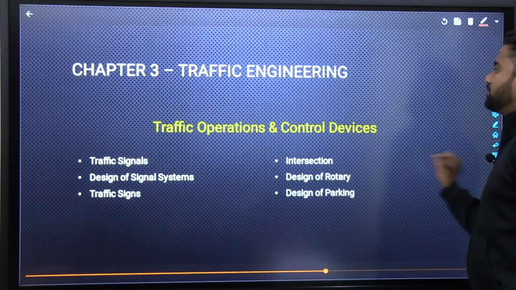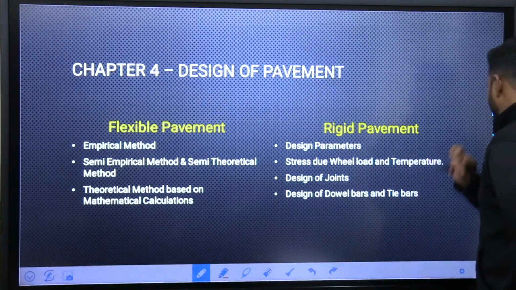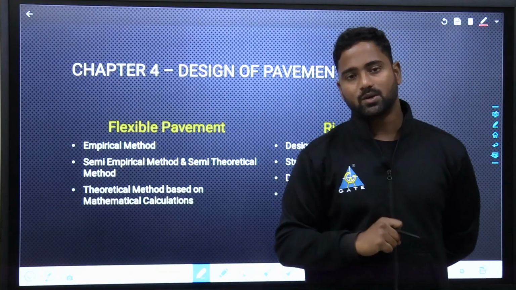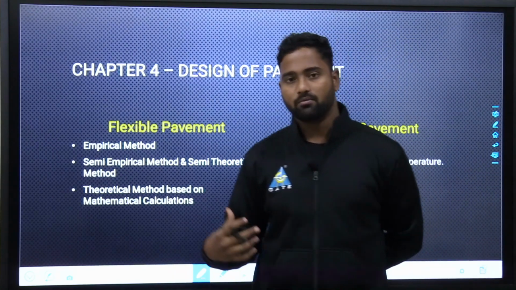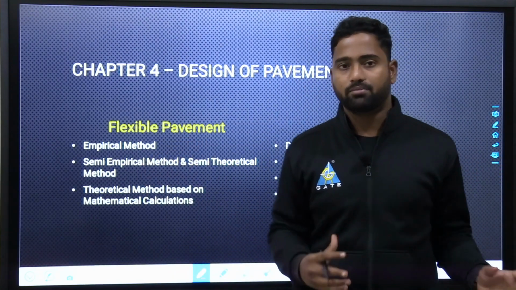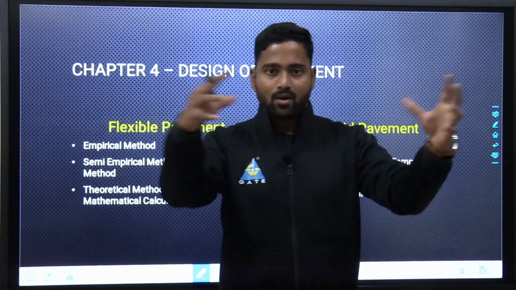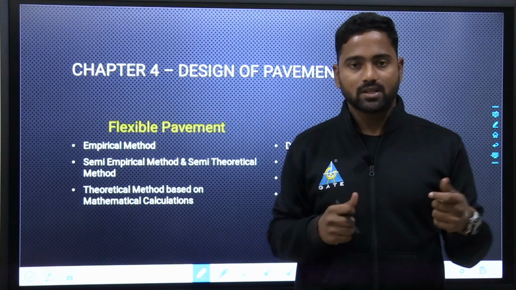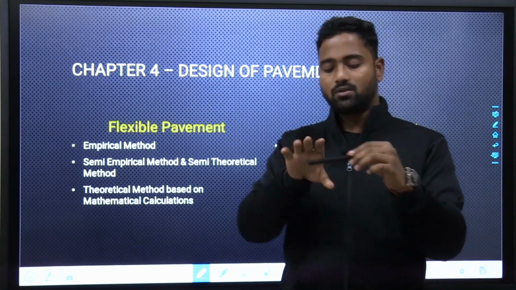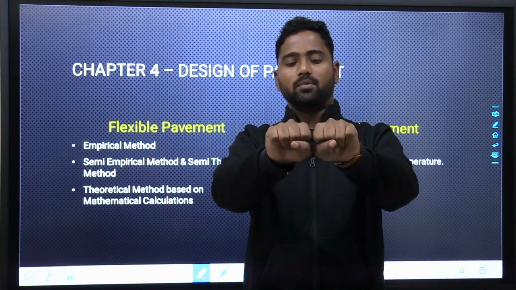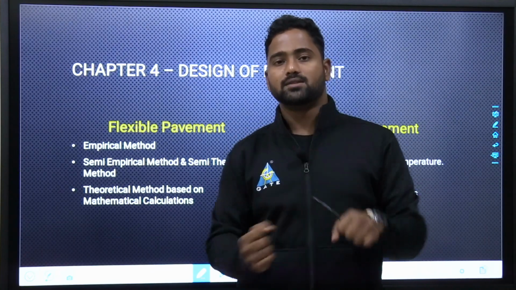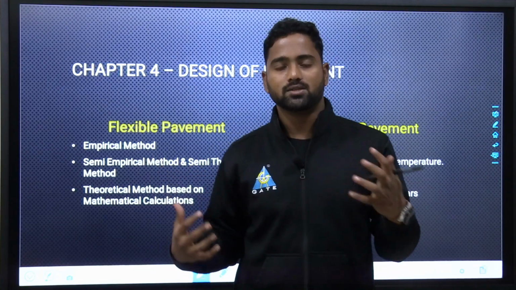Next, your chapter 4 is highways, design of pavements. Whatever pavements you are seeing right now, there are two types: flexible pavement and rigid pavement. Rigid pavement is the construction of cement blocks. One block will be here, another block will be here, connected by bars like dowel bars and tie bars and all those things.